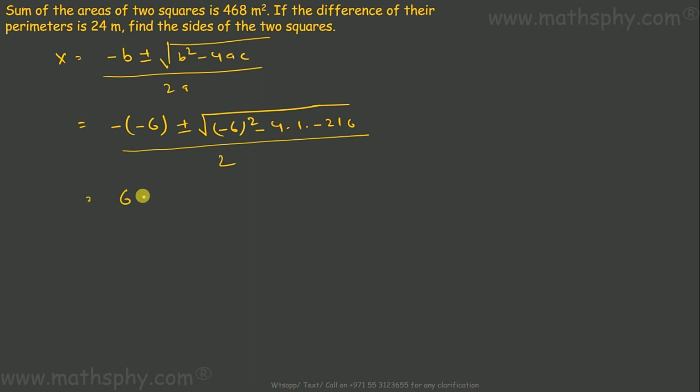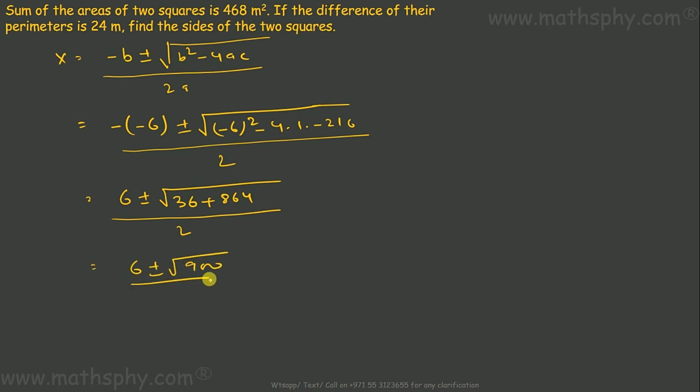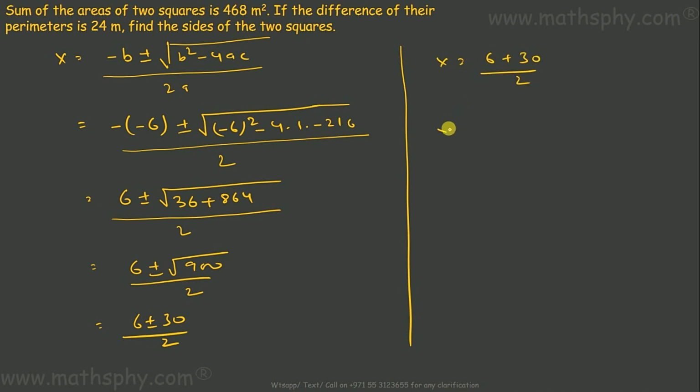So it will be 6 plus minus root 36 plus 864 over 2. So this would be 6 plus minus root 900 over 2. 6 plus minus 30 over 2. So x would be 6 plus 30 over 2 and x would be 6 minus 30 over 2.